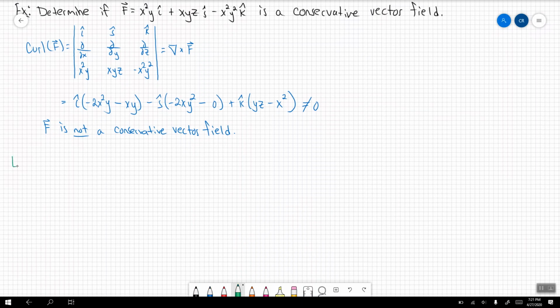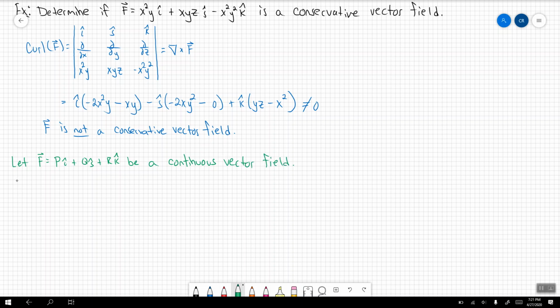What I'm going to do here is, once again, let this vector field, let's say P, Q, and R, be a continuous vector field. All right, awesome.